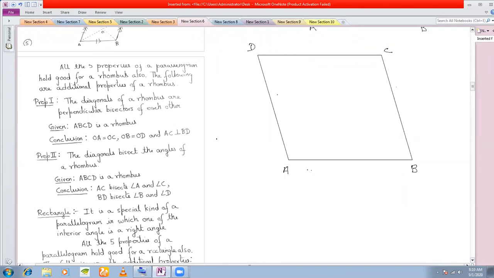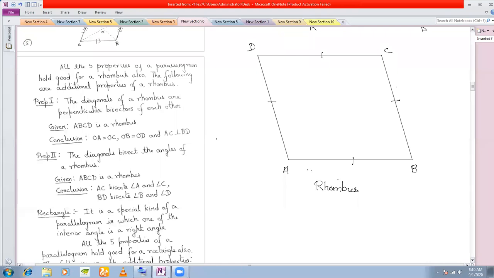Okay, this is our parallelogram. It is such that all the sides of this parallelogram are equal. All the four sides are equal to each other. Therefore, we will call this parallelogram a rhombus. It's a special parallelogram in which all the sides are equal.